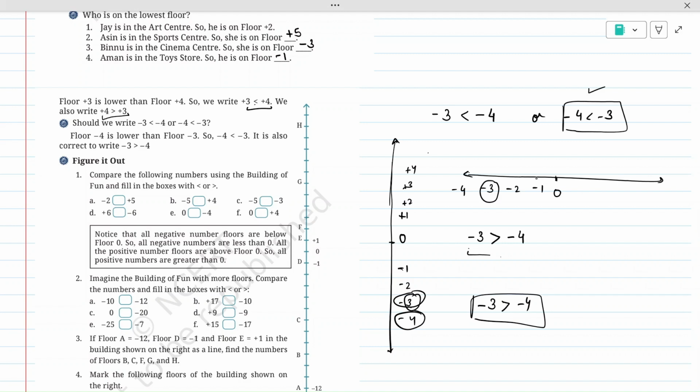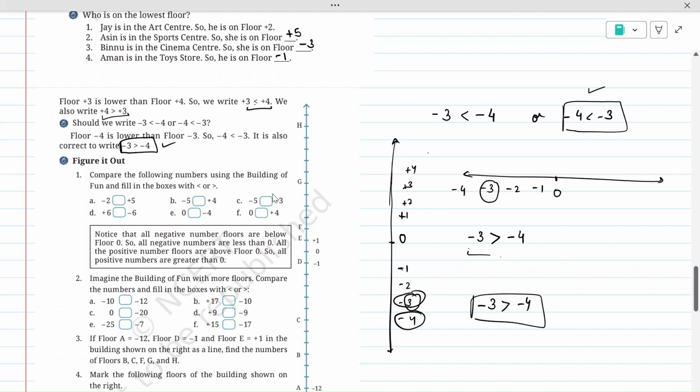And similarly, if we make the horizontal number line, the more the number is on the right, the greater its value. In this case, -3 is greater than -4.